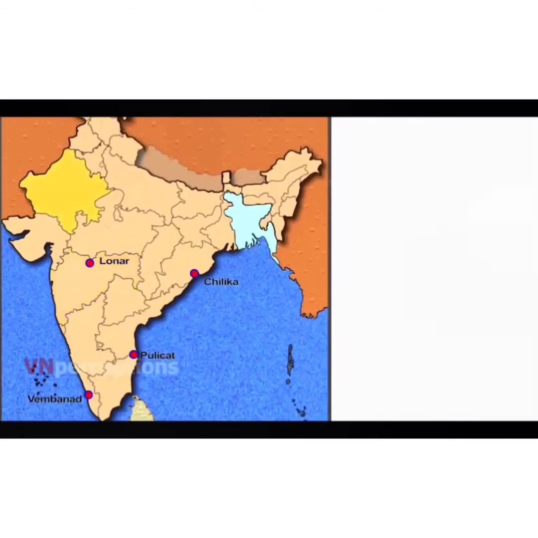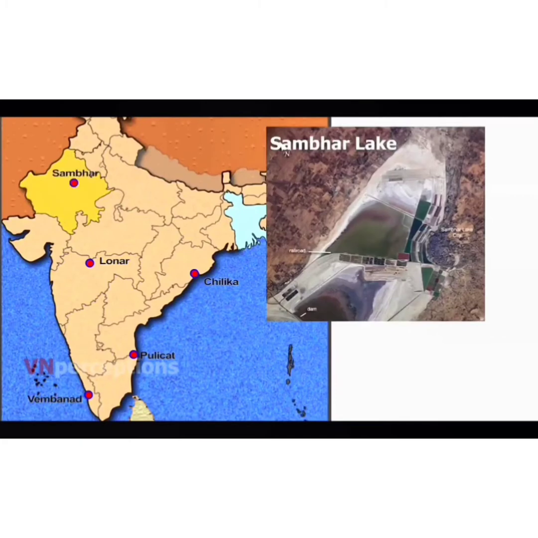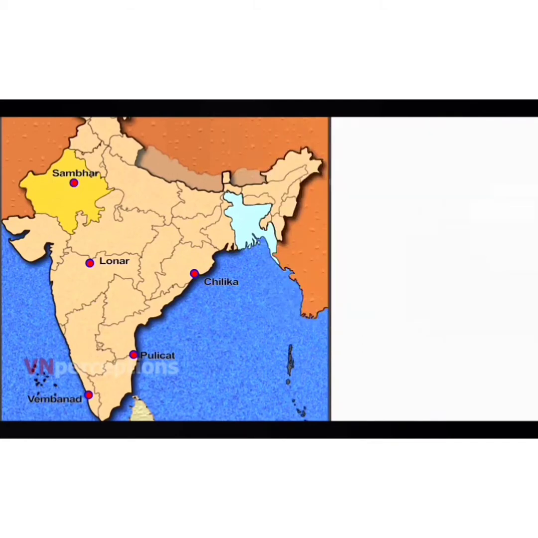Now, the third lake is in Rajasthan, that is Sambar Lake. It is the largest inland saltwater lake in India. It is a natural lake with extensive saline wetland.